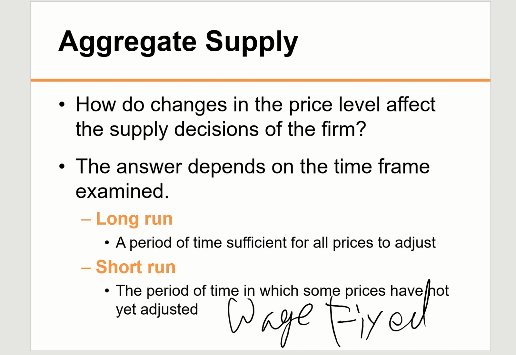How much you're getting paid, let's say per hour, is pretty fixed from week to week, right? You might get a raise by the end of the year, but at least from week to week, your wage is fixed. So that's called a short run cost. But after a year or so, once you get a raise from the company, then wage becomes flexible, and that's called a long run cost. So in the short run you have fixed costs. In the long run, every cost is flexible.